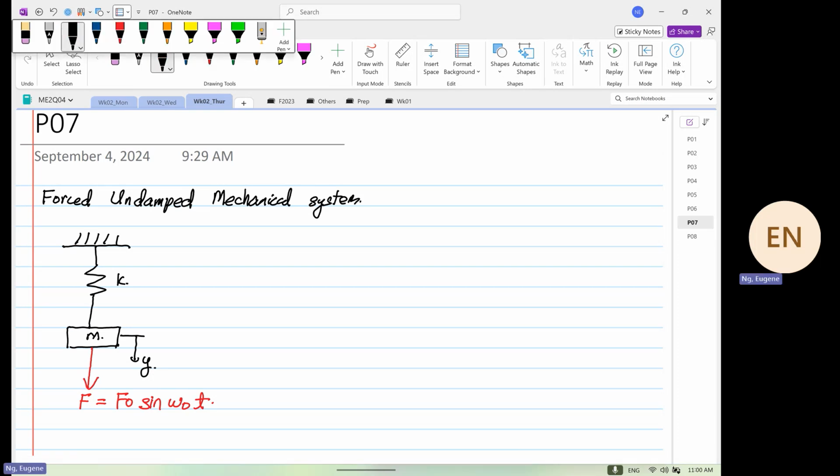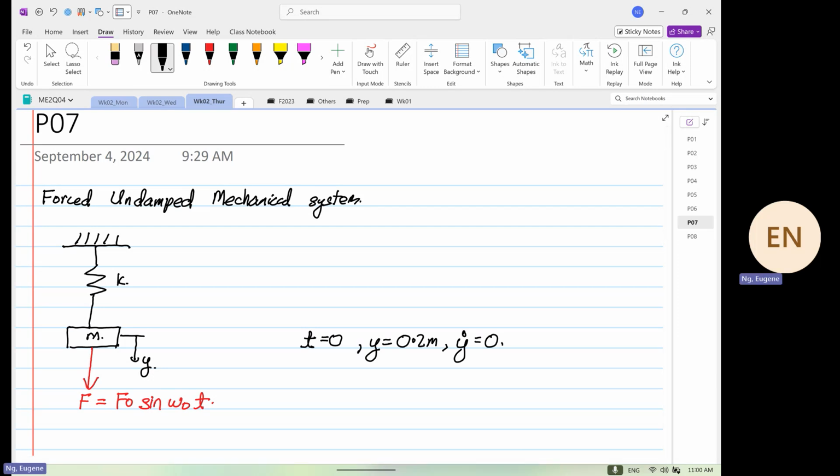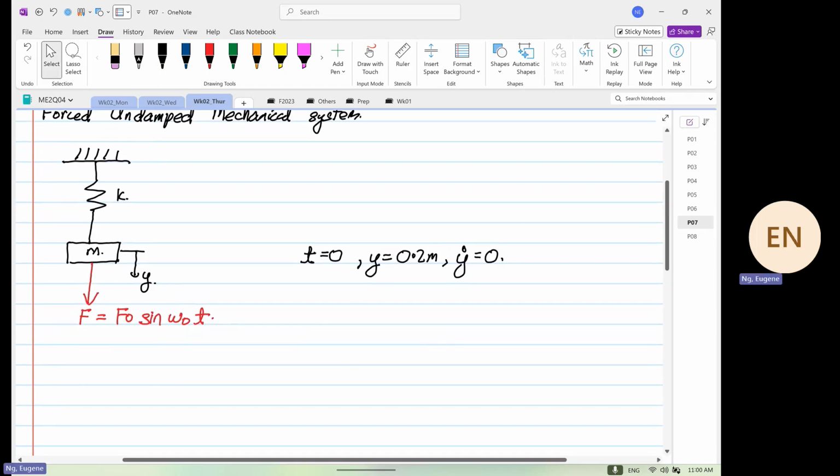Now, with a force function, you can also have boundary condition when T is equal to 0, Y is equal to 0.2 meters, and Y dot is equal to 0. Okay. You can have this boundary condition also. It's not impossible. But what is different is we have a force. Okay.